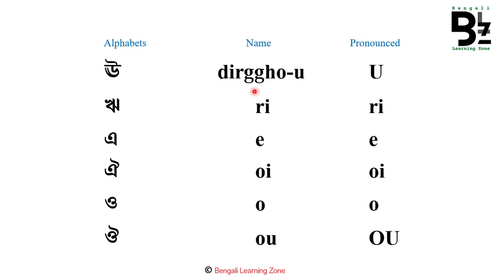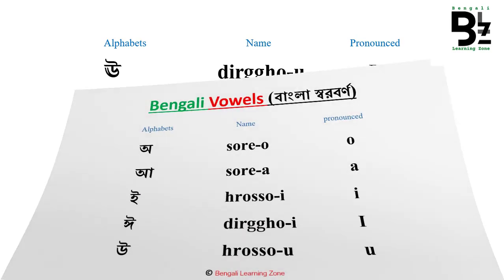দীর্ঘ উ, রি, এ, ওই, উ, ও. So I'm reading again.